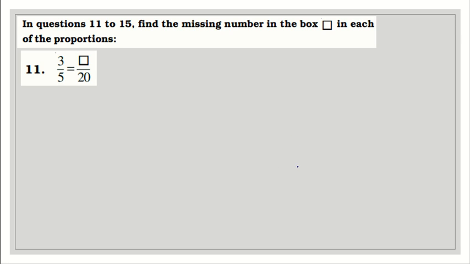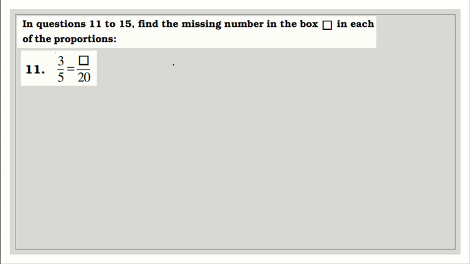In question number 11, we are given equality of two fractions where one fraction is 3/5 and the other fraction has denominator 20 and the numerator is given as a box. We need to find that missing number which is supposed to come in that box.